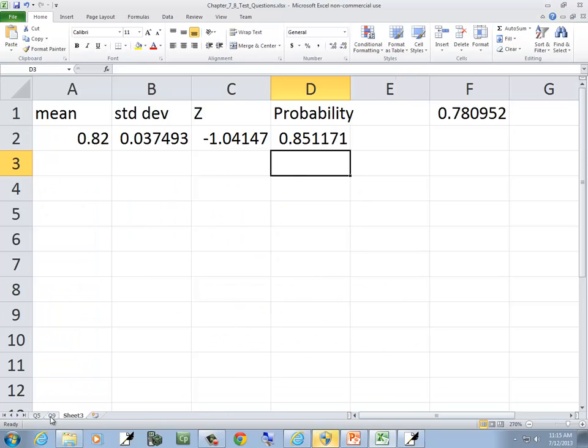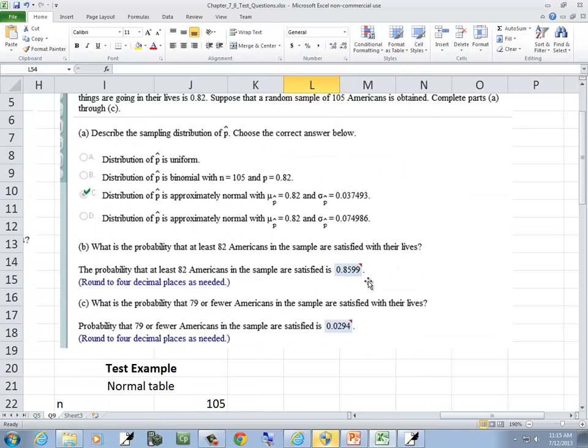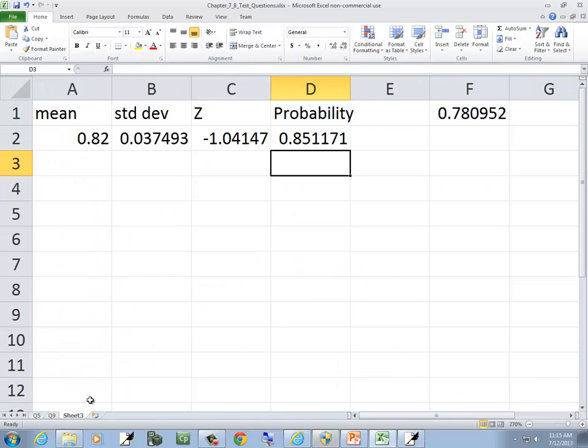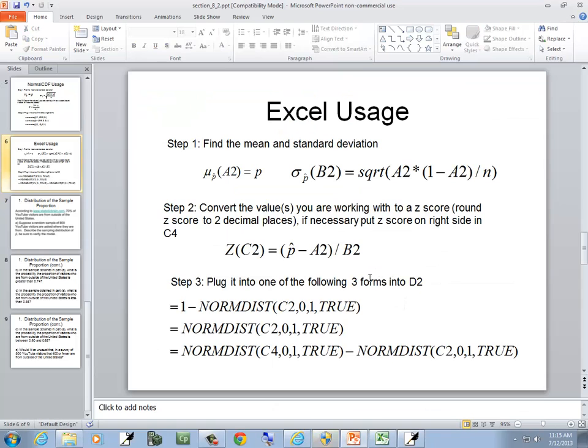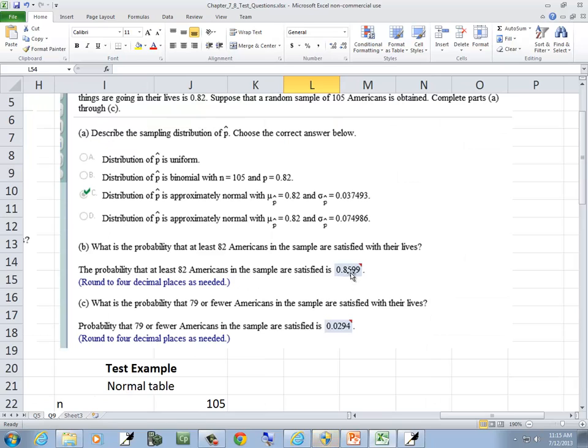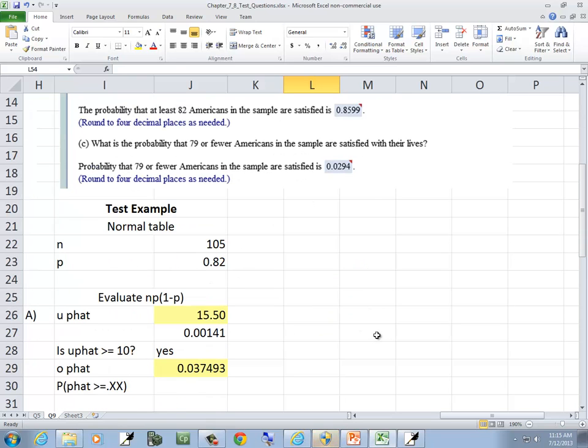And oops, 0.8599, 0.8512. I'm assuming this was your answer, and if you put a mouse over it, it shows you the correct answer. But that's how you could do that in Excel.